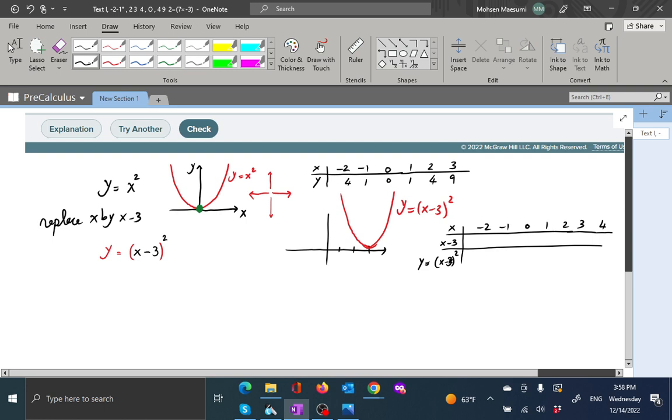When I subtract 3, when x is 3, I get 0, then 1. Here I get minus 1, minus 2, minus 3, and so on, minus 4, minus 5. When I square these quantities, this 0 here corresponds to the 0 I had over there. You notice that it is shifted 3 units to the right.